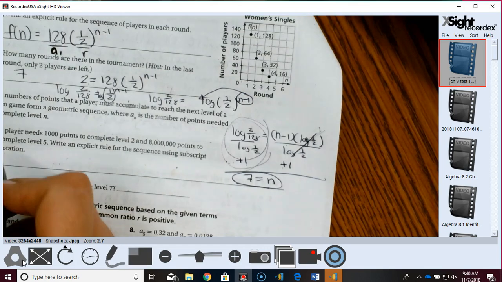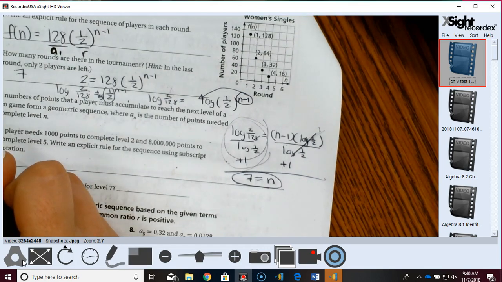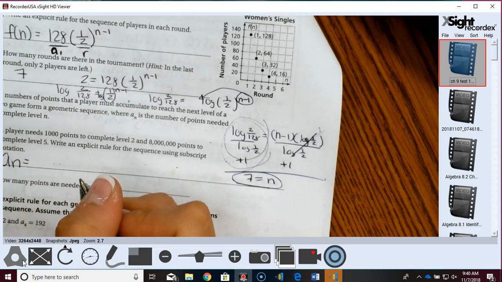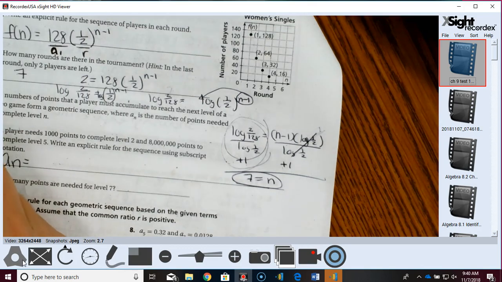So for this one, a sub n equals, what is term 1? So we know that term 2 is 1,000. We know that term 5 is 8 million.